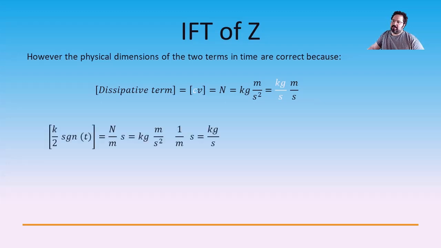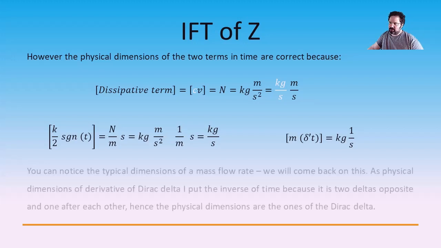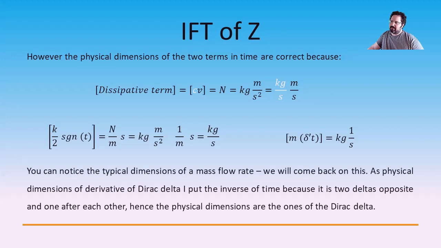And if you take the dimensions of k on 2 sine of t, you end up with the same dimension, as you can see. The mass times the derivative of delta 2 has the same physical dimension. You can notice the typical dimension of a mass flow rate, which is kilogram over second, and we will come back on this topic later.